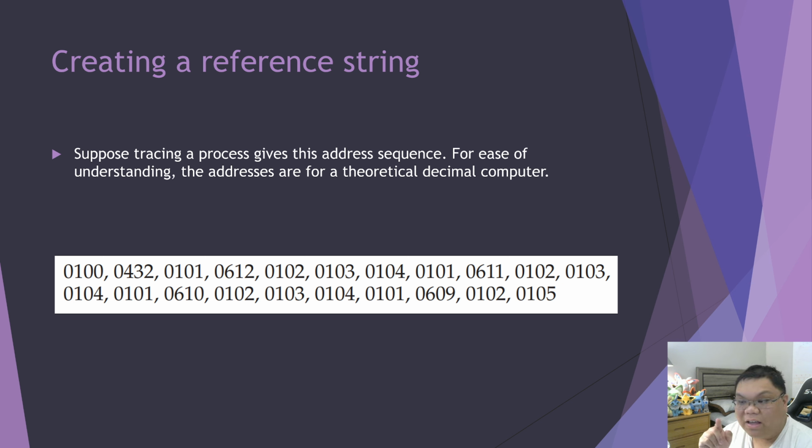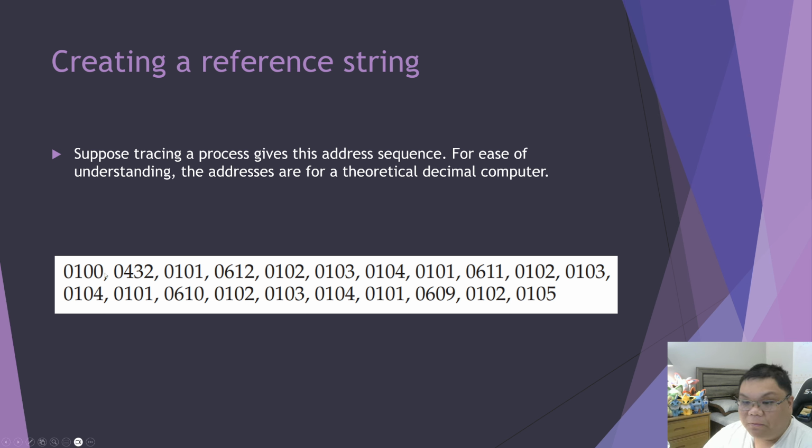If we pretend that these addresses are for a decimal computer, and the upper 2 digits are the page number and the lower 2 digits are the offset, then what we can do is convert this string of addresses 0100, 0432, 0101, 0612, 0102, 0103, 0104, 0101, 0611, 0102, 0103, and chop off the last 2 digits on everything, and then remove all consecutive duplicates.